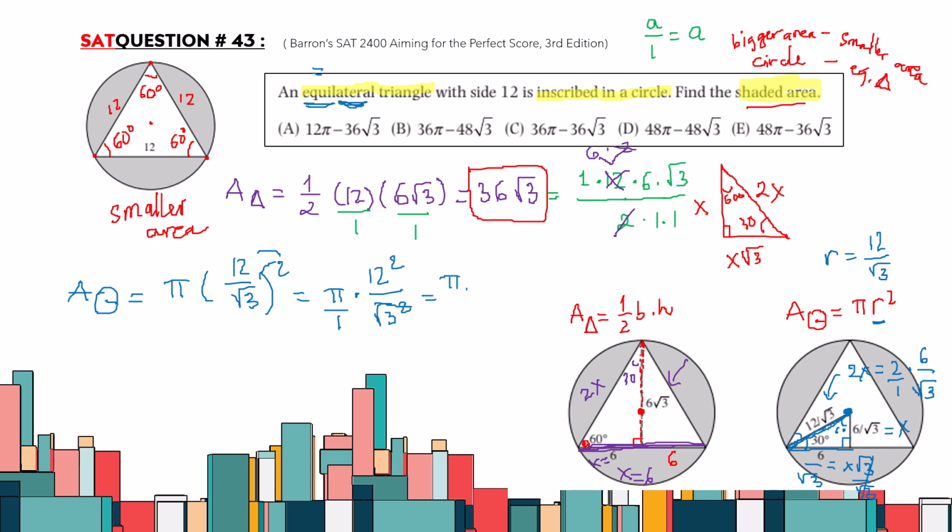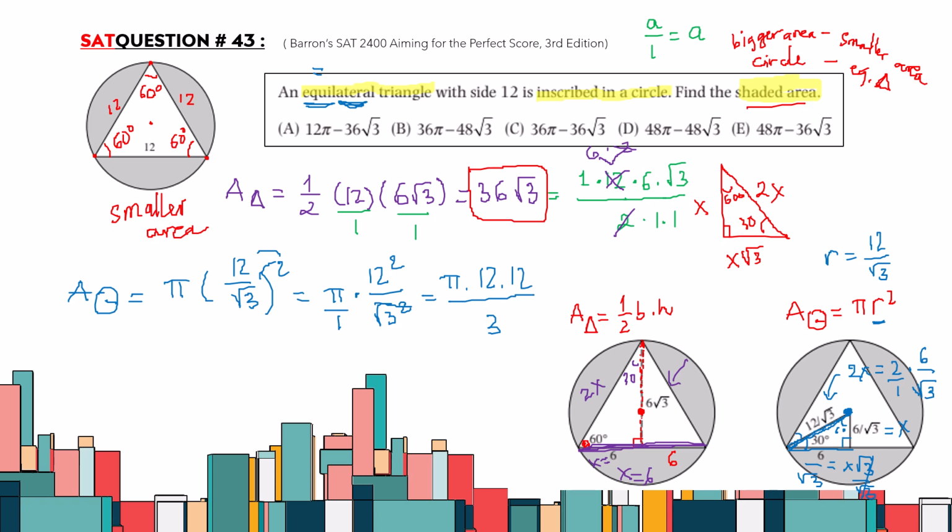Then pi times 12 times 12. 12 squared is 12 times 12. And then at the bottom, 3, since the square and the square root cancel, so we only have 3, right? While I'm not doing the 12 squared, I'm waiting to simplify it.